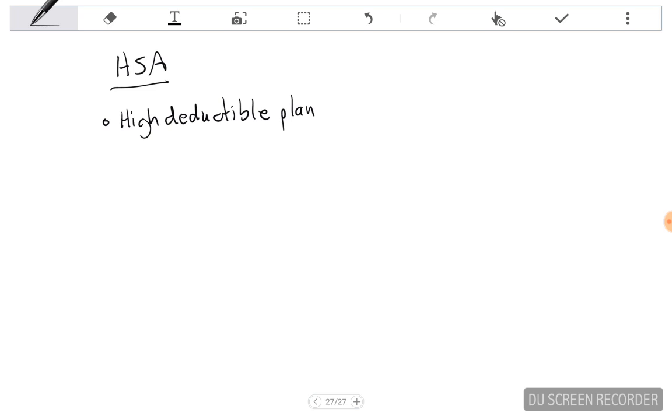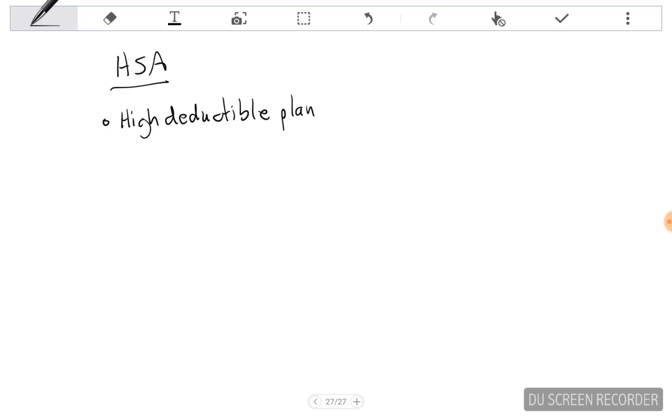So they have in your book the maximum deductible amounts. Yeah, so maximum deductible $1,300 for individual.